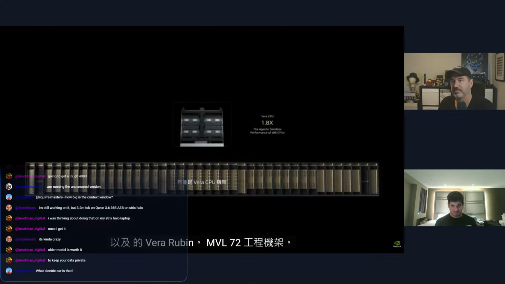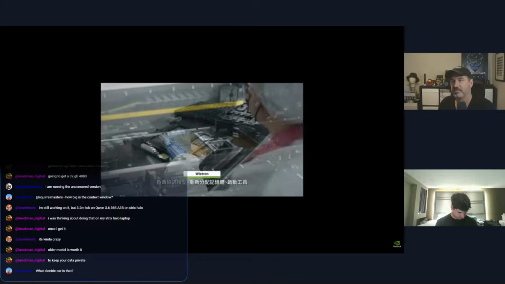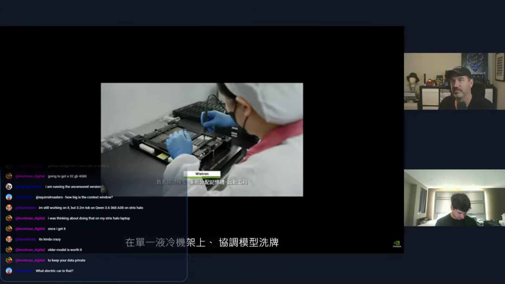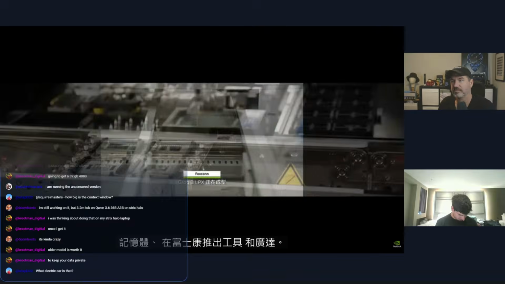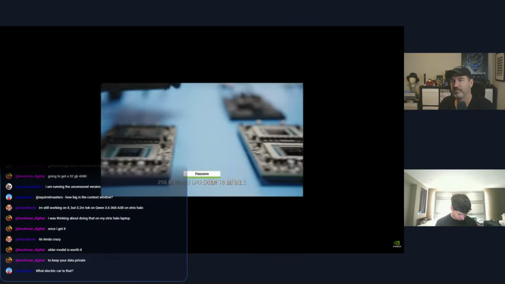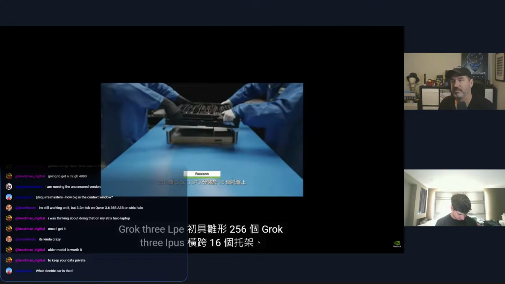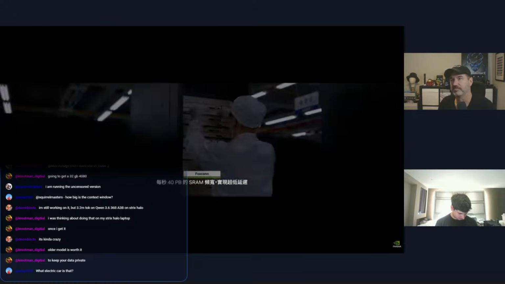Then, the Vera CPU rack, 256 CPUs in a single liquid-cooled rack, orchestrating the models, shuffling memory, launching tools. At Foxconn and Quanta, Grok 3 LPX takes shape. 256 Grok 3 LPUs across 16 trays, 40 petabytes per second of SRAM bandwidth for ultra-low latency.